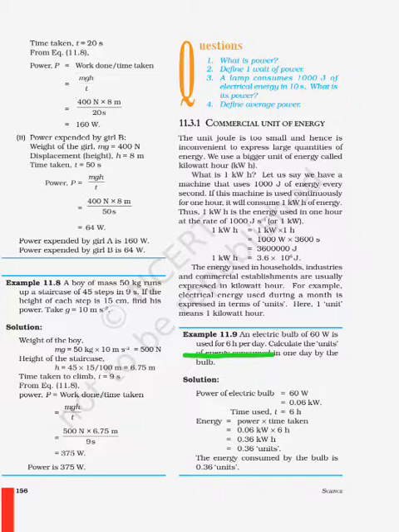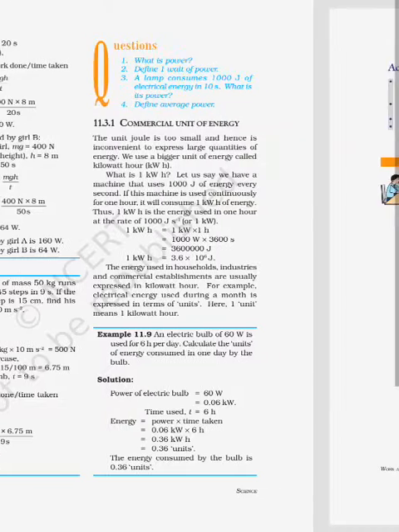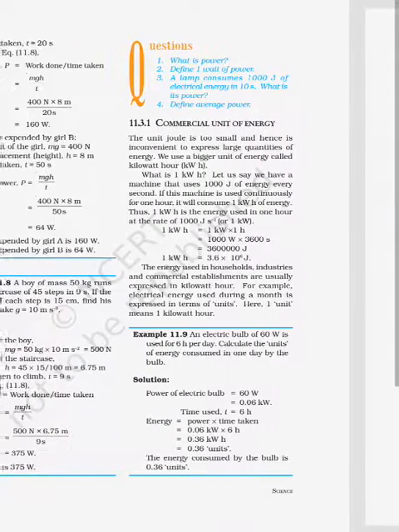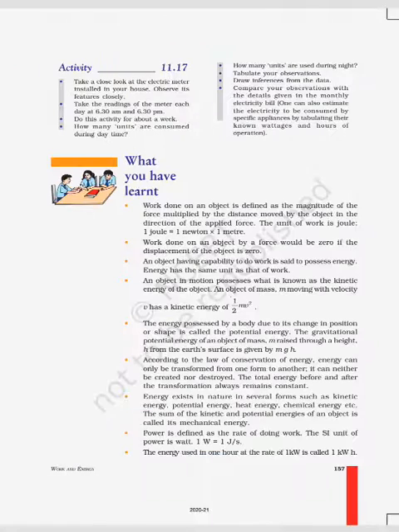So that's why power into time is calculated for 6 hours only, not for 12 hours or 24 hours. For 6 hours in a day it will become 0.36 units. So 0.36 units or kilowatt hour energy will be consumed by the bulb if we use that 60 watt bulb 6 hours in a day.